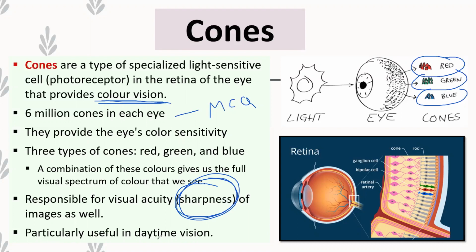But in the daytime, on a beautiful day, you can see all the colors of the trees and the road and the sun and everything. So cones are more important for daytime vision compared to nighttime vision. Just remember the memory tip: CO for cones, CO for the fact that they help us to detect color in our world. So just don't forget that.